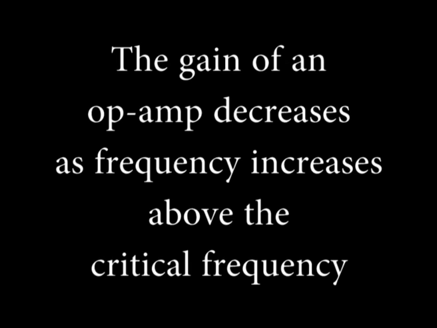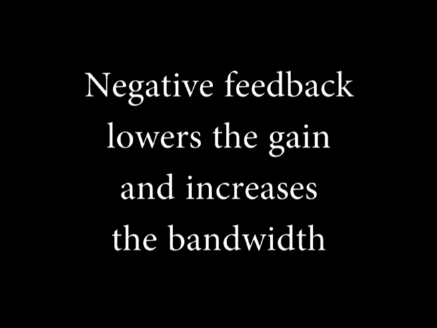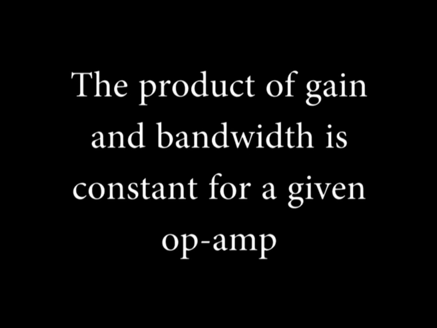The mid-range gain of an op-amp extends down to DC. The gain of an op-amp decreases as frequency increases above the critical frequency. The bandwidth of an op-amp equals the upper critical frequency. Negative feedback lowers the gain and increases the bandwidth. The product of gain and bandwidth is constant for a given op-amp.